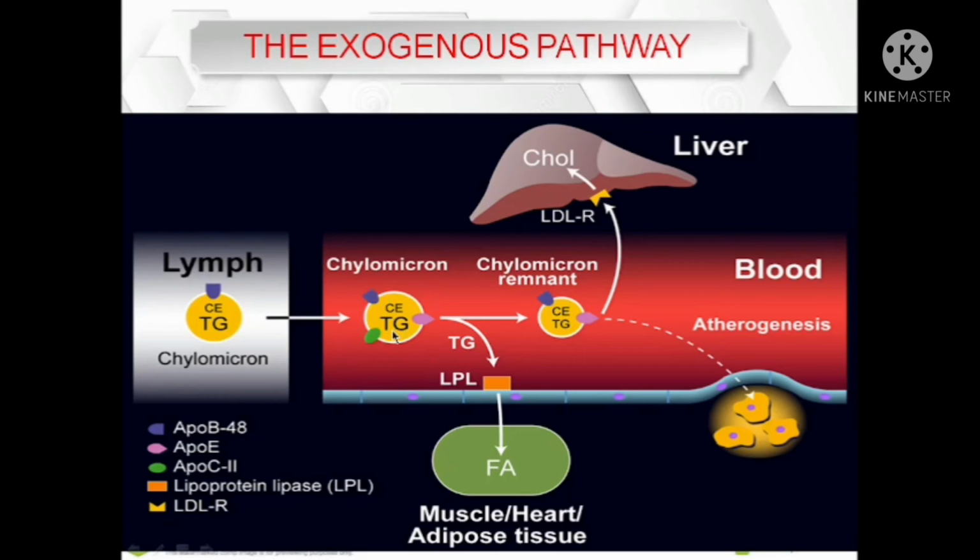When it's depleted, structural integrity is maintained by shedding of excess surface component to form what is called a nascent HDL, and the chylomicron becomes what is called a chylomicron remnant.